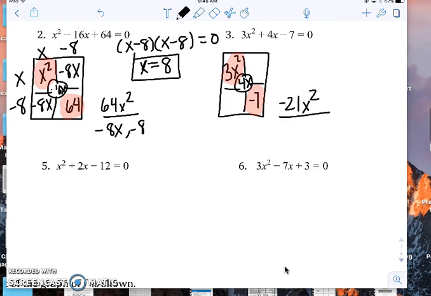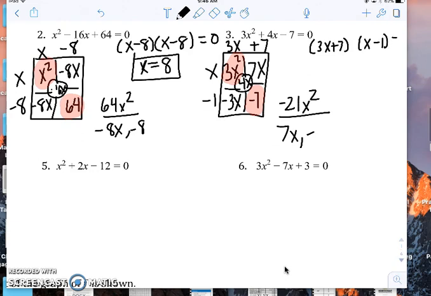So let's see, to add to 4, so that's 7x and negative 3x. So 7x, negative 3x. Find our outside dimensions here. So we got 3x and x, plus 7 and minus 1. So it factors into 3x plus 7, x minus 1 equals 0.